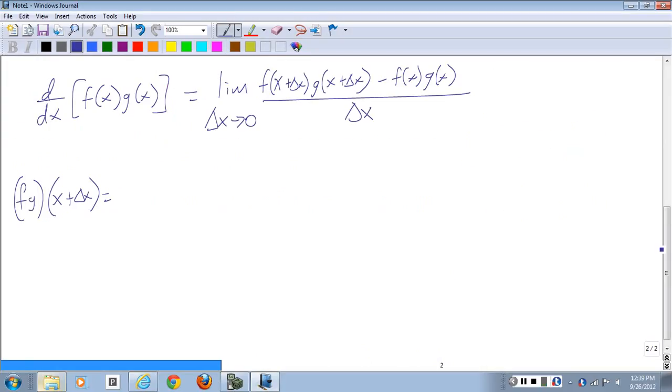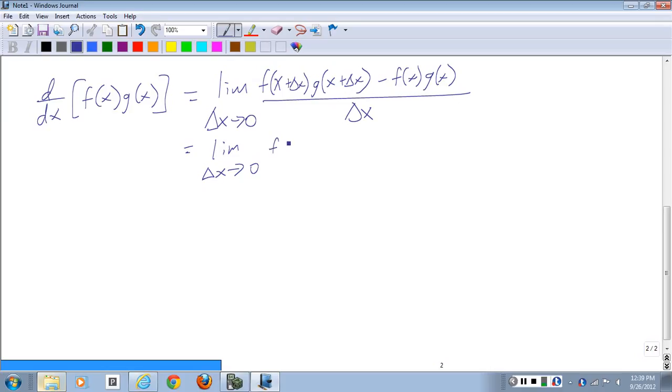But there's kind of a slick technique for doing this that somebody a long time ago figured out. Limit as delta x approaches 0. Basically, I want to subtract something and then add that same something in between the two expressions in the numerator.